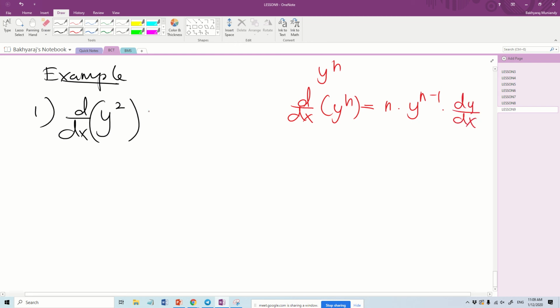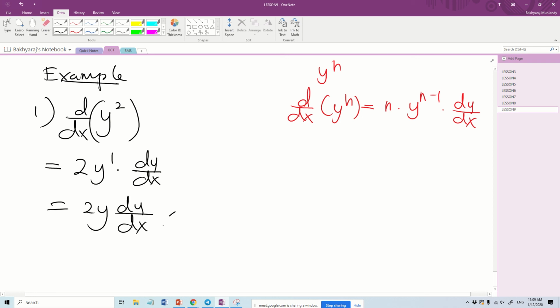So ini jawapan dia, bring down 2, and then y power of 1, because 2 minus 1 you get 1, dot dy dx. So kita akan dapat 2y dy dx. So this is my last answer.